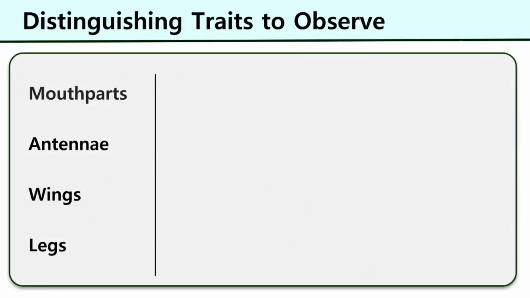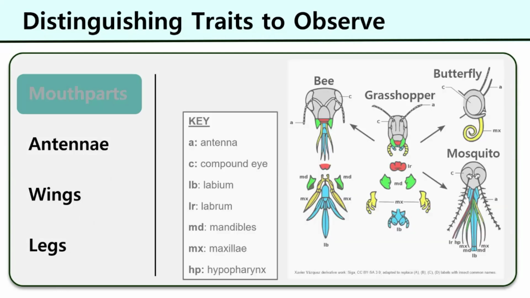Now, other than these traits that make something an insect, there are other distinguishing traits that we can observe when we're talking about insect identification. And we can see on the left side of our screen, we're going to be talking about mouth parts, antenna, wings, and legs.